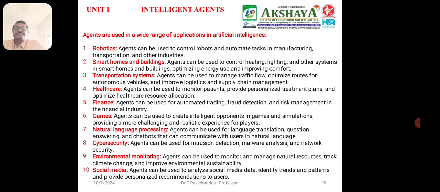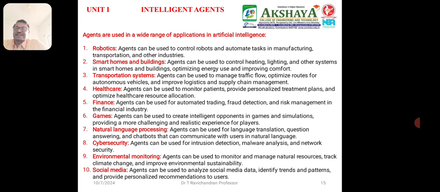Environmental monitoring monitors natural resources, tracks climate change and improves environmental sustainability. Social media: intelligent systems track social media and automatically decide human interests to give ads and personalized recommendations.